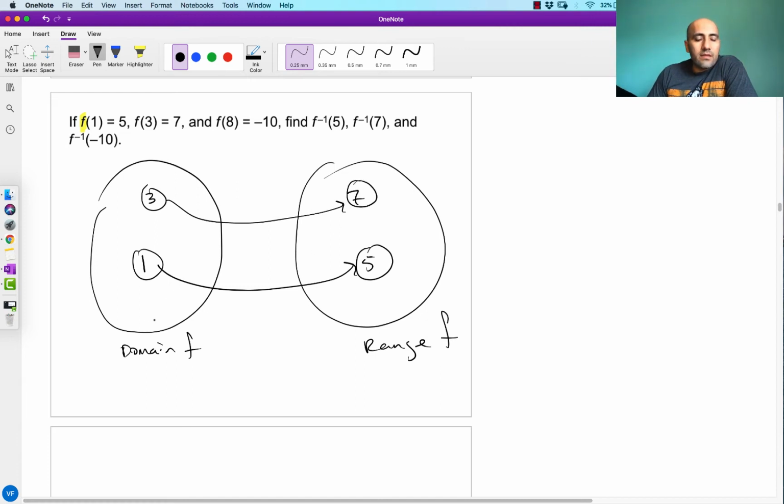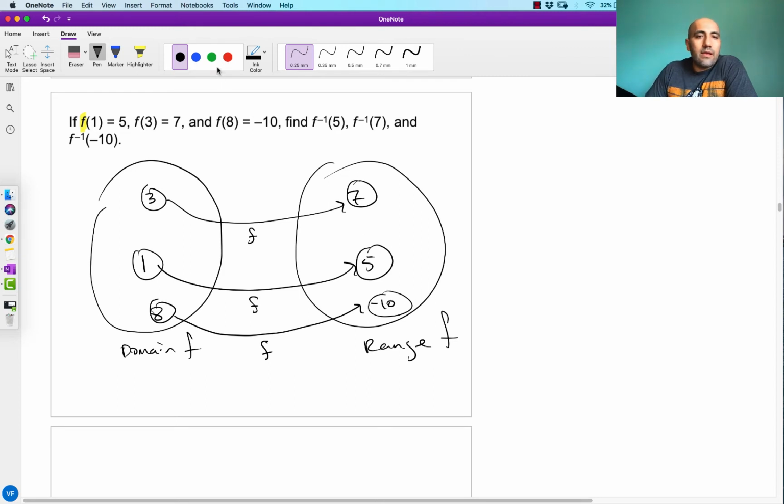And the number 8 is in here, and it maps me over to negative 10. So this is what's happening with the f function. F applied to 8 leads to negative 10. F applied to 1 leads to 5. F applied to 3 leads me to 7.